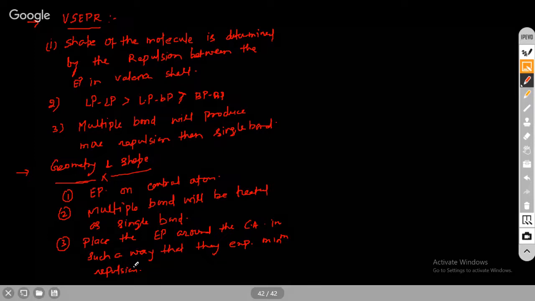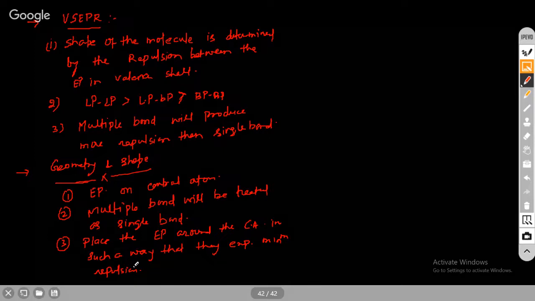Now in this you have to find out the number of electron pairs first, and the number of valence electrons. Suppose I take one example; with the help of examples only we'll discuss.